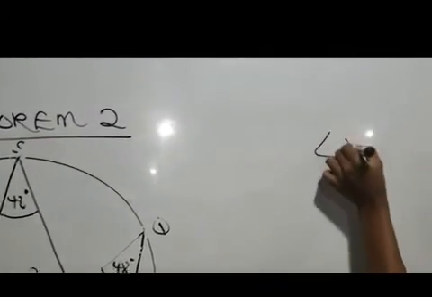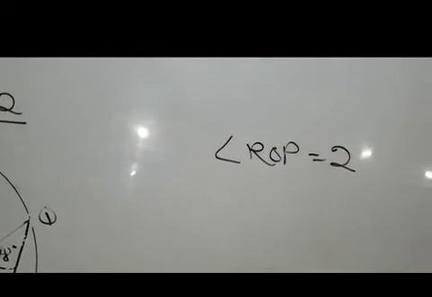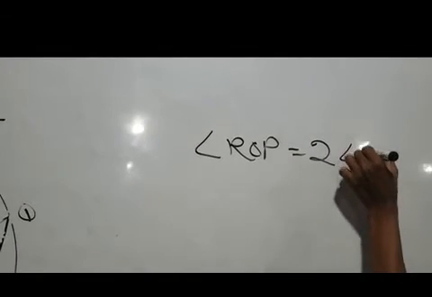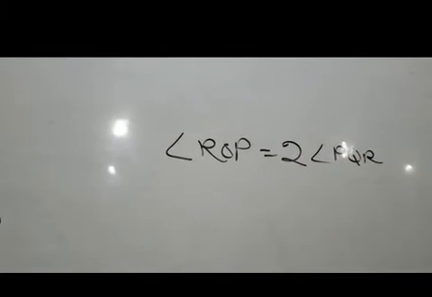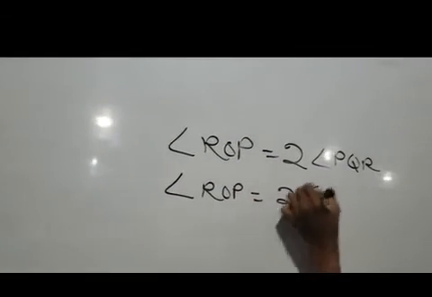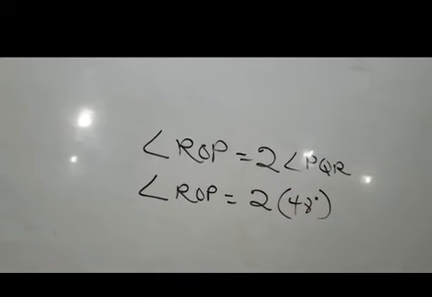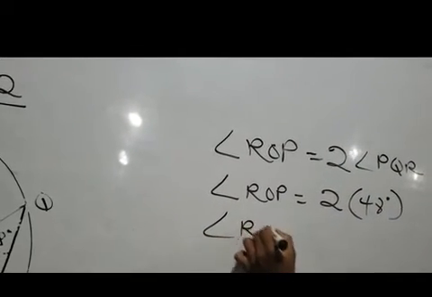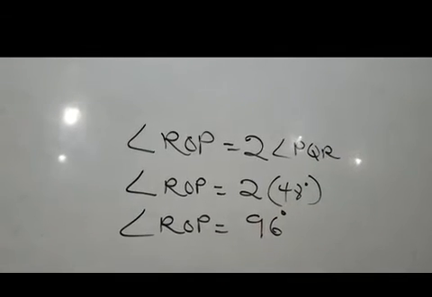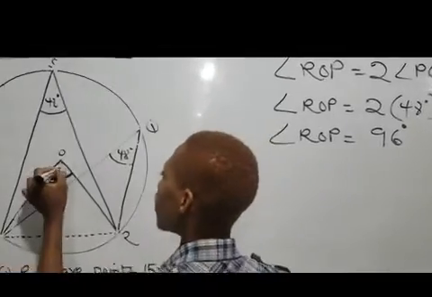So angle ROP is twice the angle at the circumference. So twice angle PQR. Angle ROP will be equal to twice angle PQR, which is 48 degrees. Angle ROP will be equal to 96 degrees. So this angle here is 96.